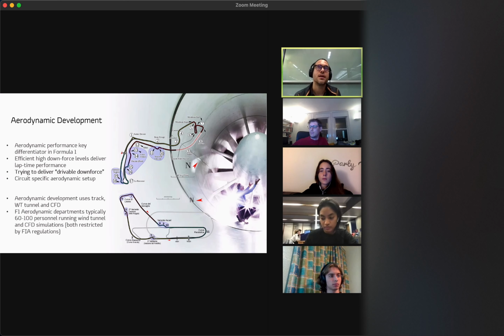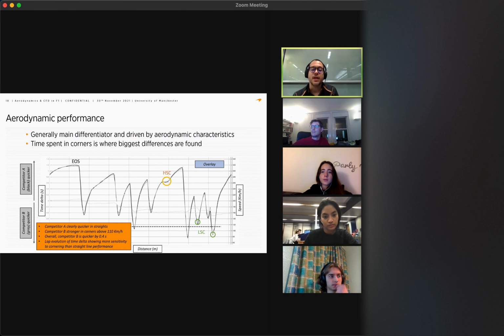And usually you will see aerodynamic departments having something between 60 to 100 people, depending how big a team is, working in trying to optimize and deliver the best possible car in aerodynamic terms. And going back to efficient downforce and how important it is for your car to be aerodynamically efficient in a track environment.